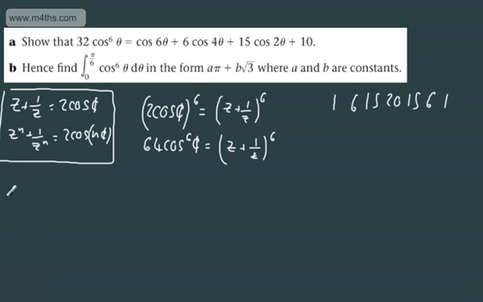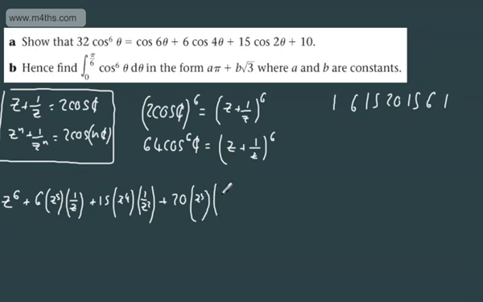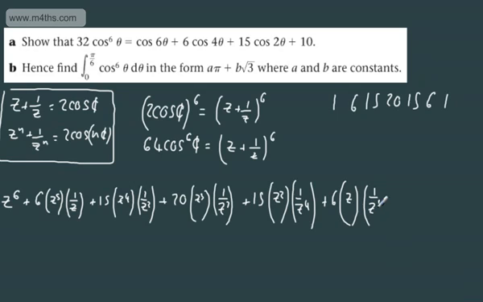What we're going to have, and this is going to be pretty messy, is z to the 6 plus 6 z to the 5th times 1 over z, then plus 15 z to the 4th times 1 over z squared, plus 20 z cubed times 1 over z cubed, then plus 15 z squared times 1 over z to the 4th, plus 6 z times 1 over z to the 5th, and finally 1 over z to the 6th.